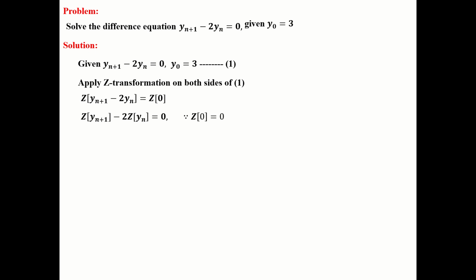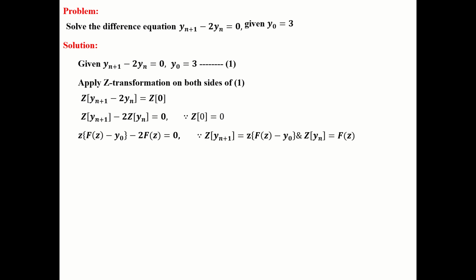Now we know the formula. Z{y(n+1)} is equal to zF(z) minus y0, minus 2 times Z{y(n)}, which is nothing but F(z), equal to 0.